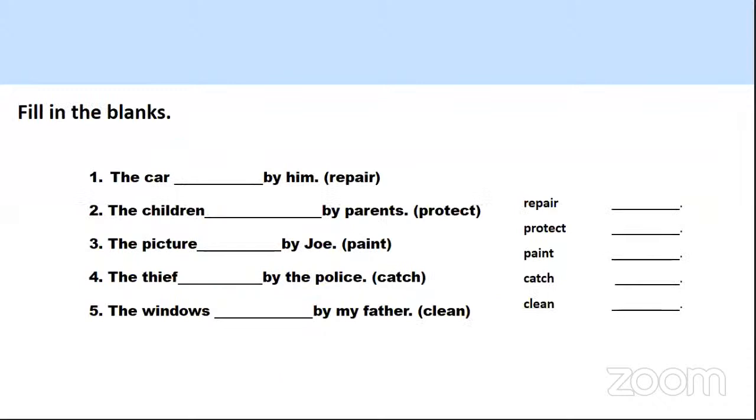Okay. Let's do this activity to see whether you have understood the lesson well. You have understood those 5 steps well. Okay, before you fill in the blanks, look at these verbs given in your right hand: repair, protect, paint, catch, and clean.